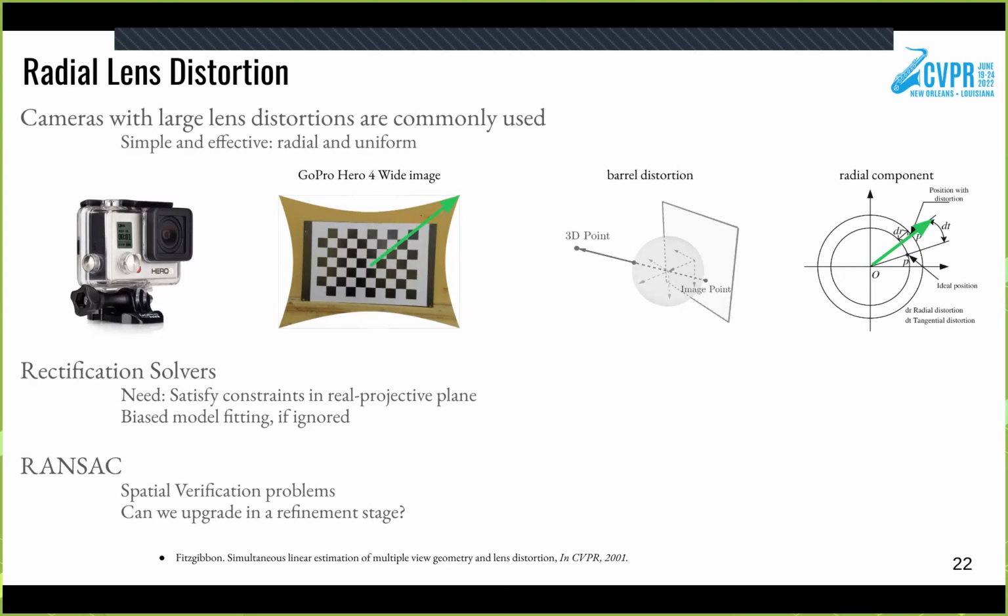I'm going to explain why later, but you can think of one thing as spatial verification. If you are in a RANSAC routine and you're estimating some geometry, you want to see the consensus set: how consistent is this geometry with my measurements. If you have a biased estimate of your geometry, then your consensus set is going to be much smaller than it actually should be.